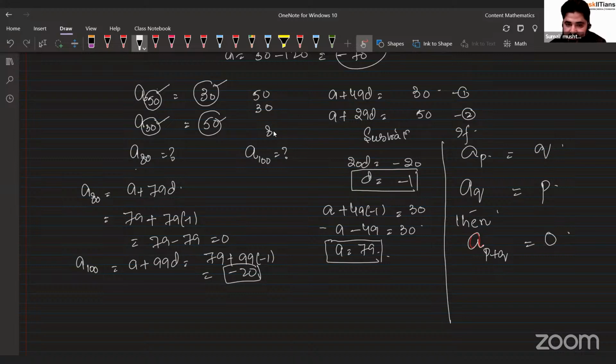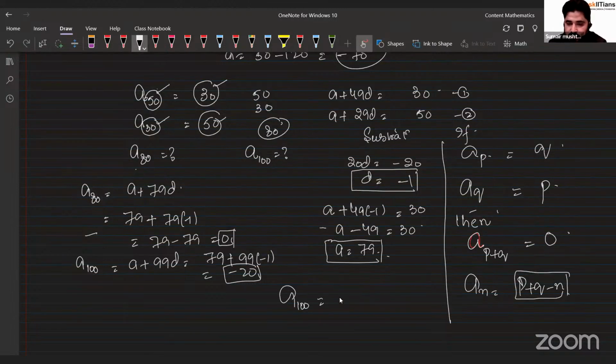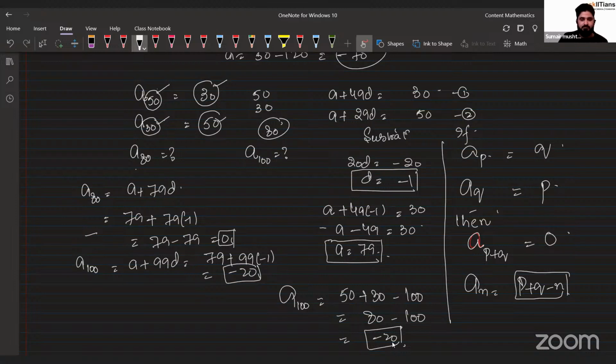Add these two, 80. a_(P plus Q), that is a80, always equal to 0. And any a_N is equal to P plus Q minus N. Have a look. a100 is equal to 50 plus 30 minus 100. This is equal to 80 minus 100, that's equal to negative 20. Simple. You got the answer.